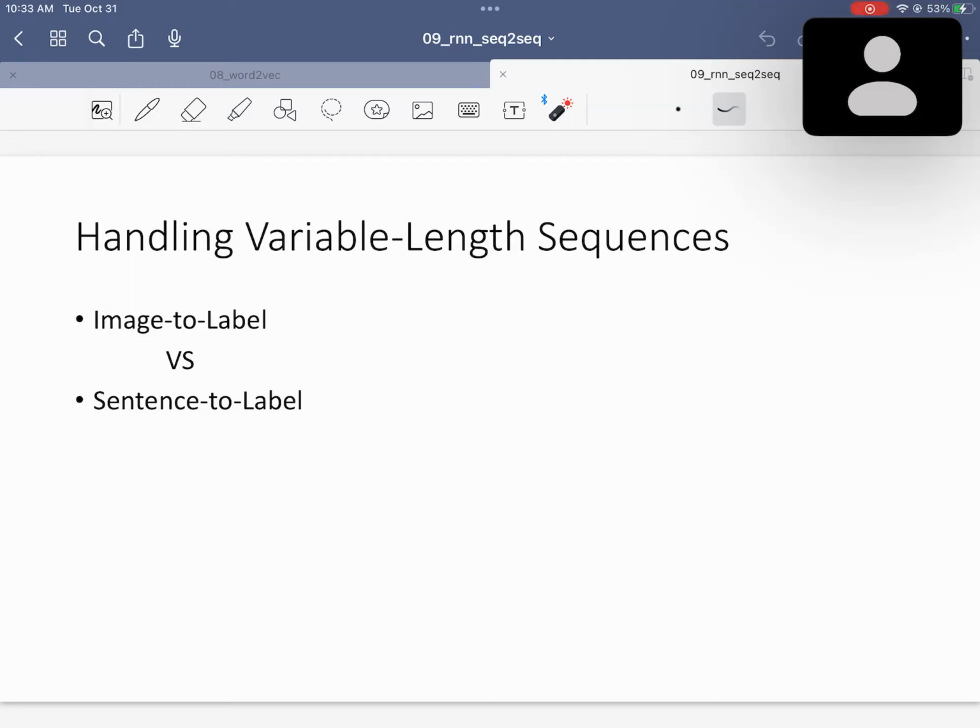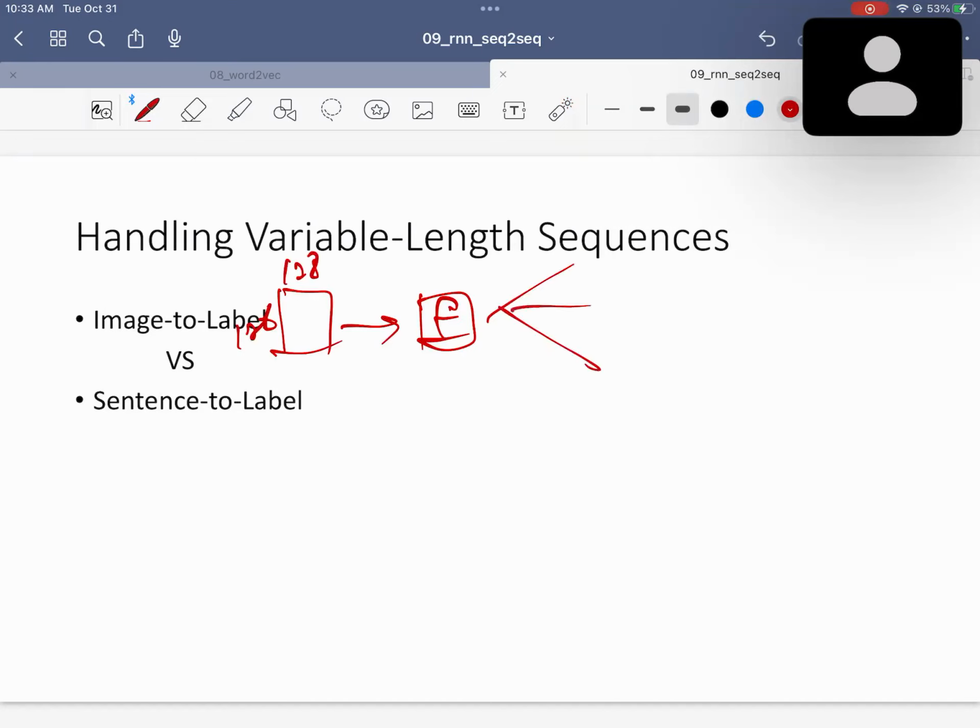You have a function that receives a 128 by 128 image, and then classifies it into maybe 1,000 different classes, like cat, dog, person, and so on. In this case, the size of the input is fixed. It's 128 by 128 by 3 usually.